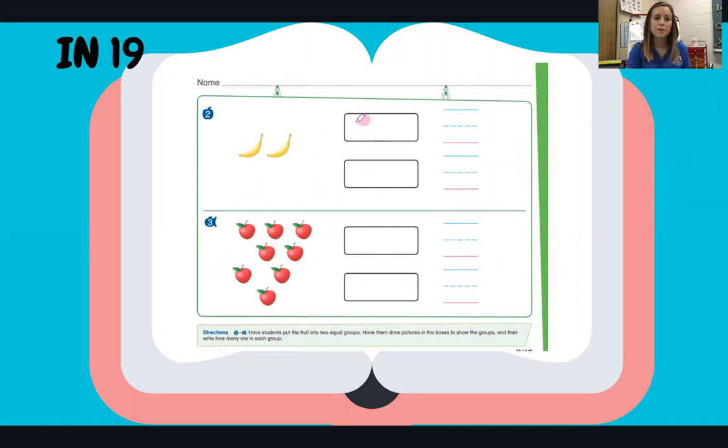I'm going to start by drawing one. Let's make that a little smaller. I'm going to start by drawing one counter in this box to represent this banana. I'll X it to show it's done. Then I'm going to draw one counter in this box to represent this banana, and then I'll X it.